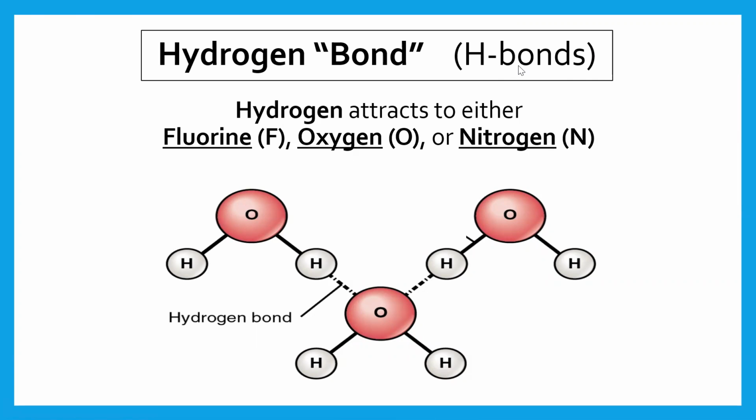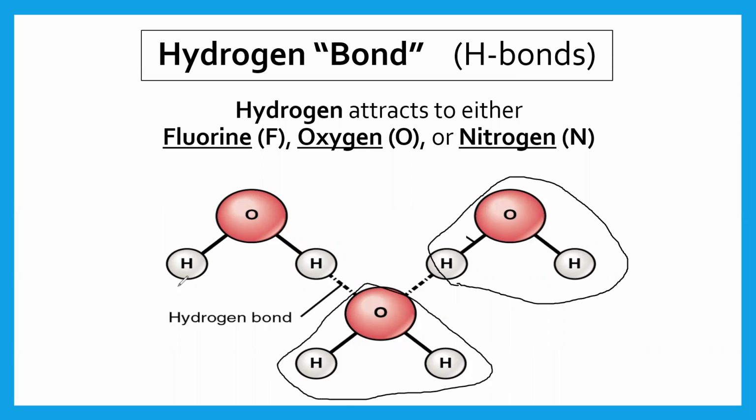So if you look at this picture, this is a water molecule, okay? One oxygen, two hydrogens, H2O. We have another water molecule and another water molecule. I said that hydrogen bonds are intermolecular forces. Inter meaning between molecules, intermolecular. So I have 3 molecules here.